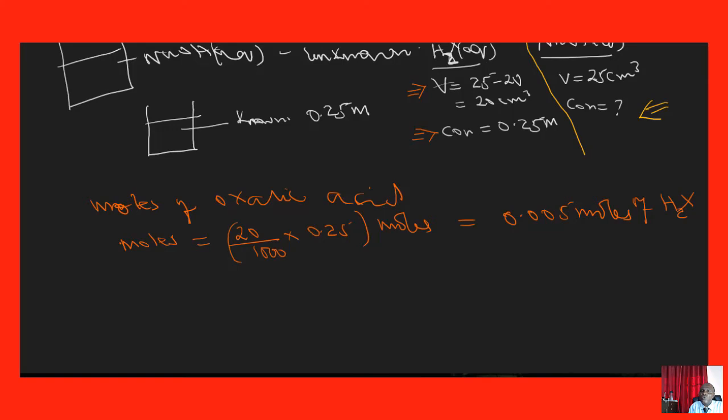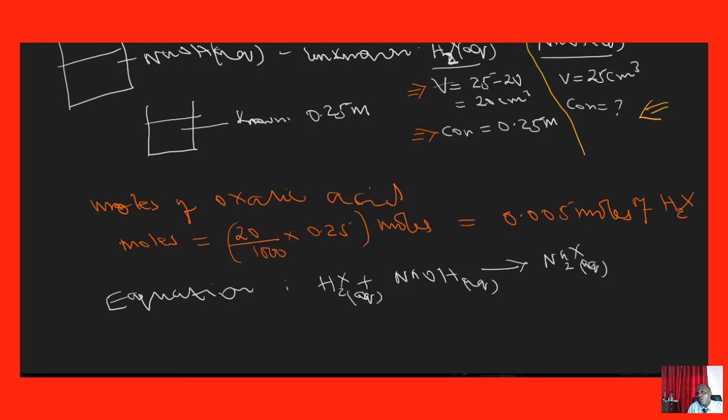To do that, we need to write a chemical equation between oxalic acid and sodium hydroxide, so that you can get the mole ratio, the particles ratio. Therefore, we have H2X plus sodium hydroxide. We get Na2X, which is a solution, plus H2O.